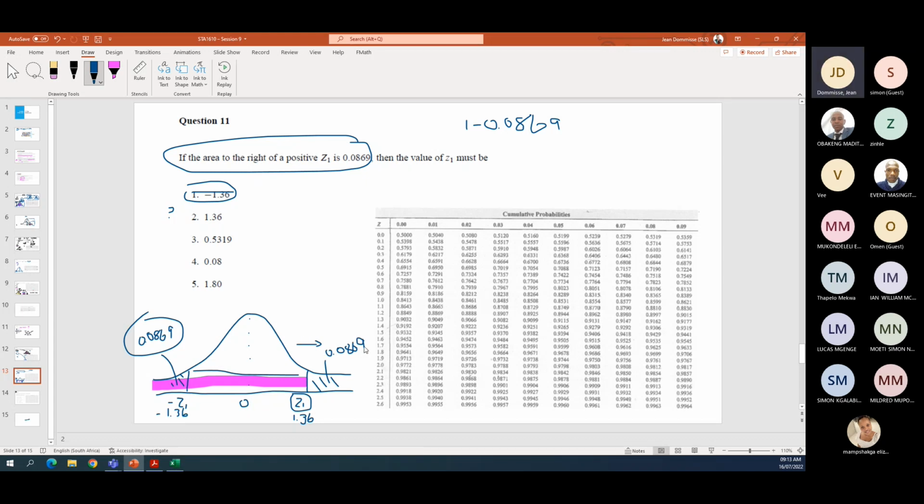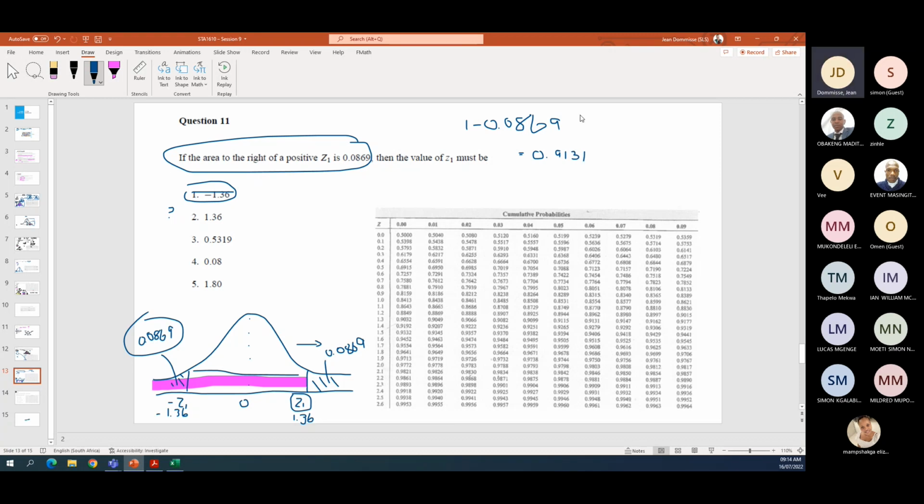So if we know this portion is 0.0869, the other portion is 1 minus that. So if we go to 1 minus 0.0869, we get the answer of 0.9131.